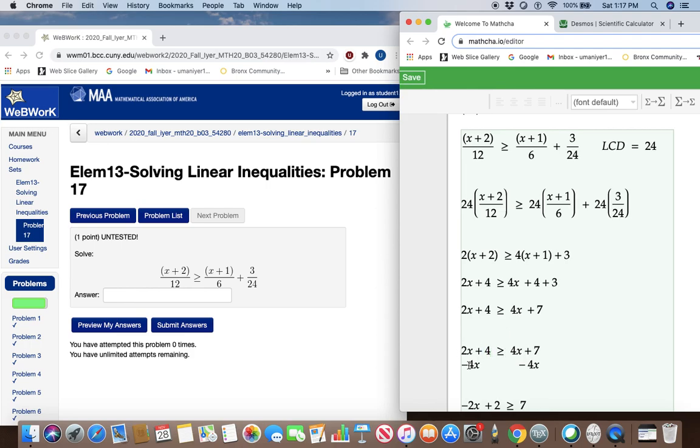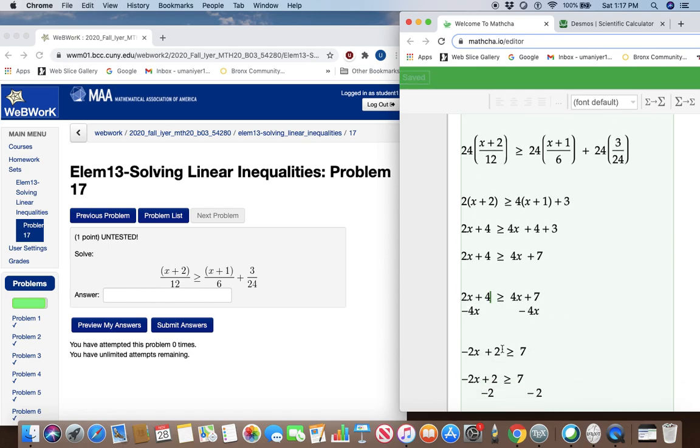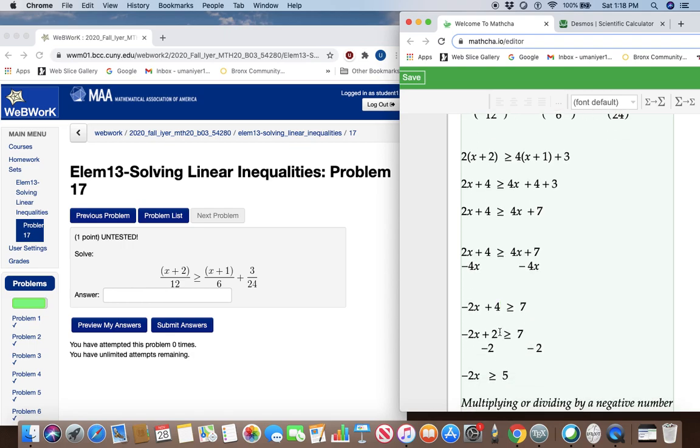So 2x plus 4 minus 4x, 4x plus 7 minus 4x. 2x minus 4x is negative 2x. Plus 4, these two cancel. I have a 7 here. I'm going to be subtracting 4 from both sides. I get negative 2x is greater equals 7 minus 4 is a 3.